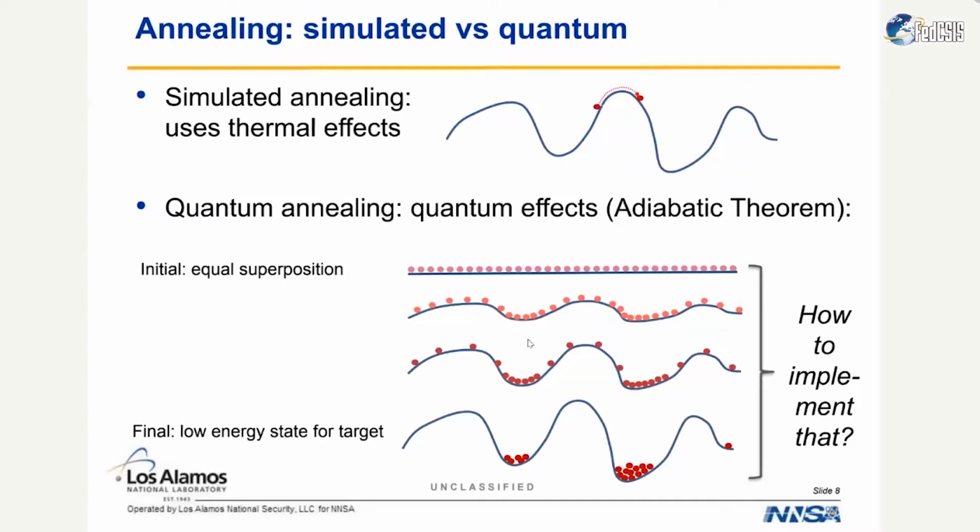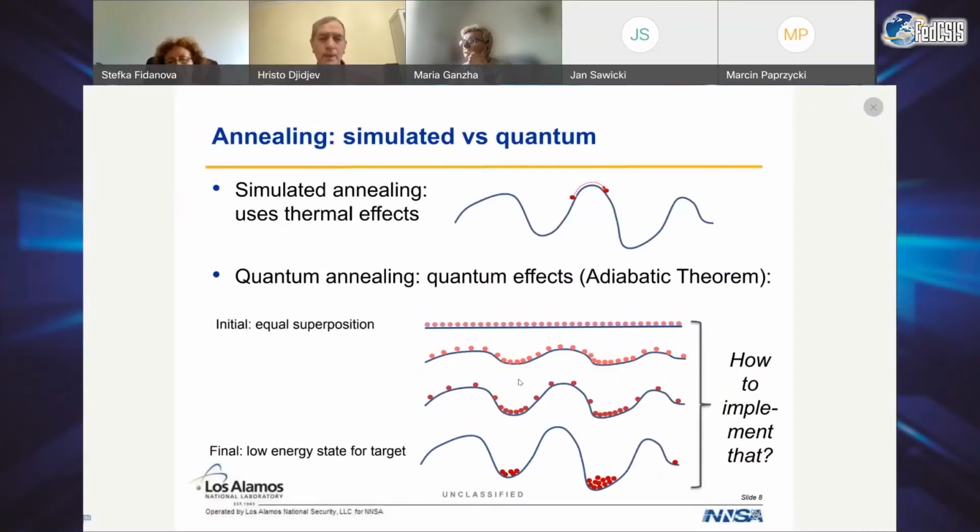For instance, with some glasses or metals, we can get to their crystal structure by heating them and then letting them slowly cool down, and often we get the desired effect. In optimization, there is a famous method called simulated annealing. Probably most of you are familiar with it.